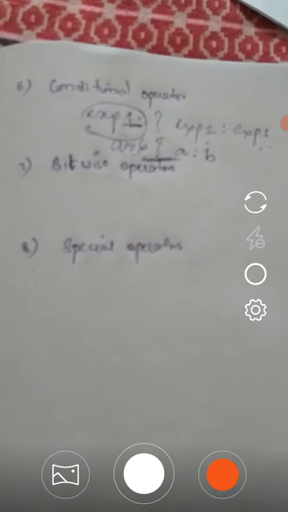Bitwise operations are the testing, setting, or shifting of the actual bits in a byte or word, which correspond to C's standard char and int data types and variants. Bitwise operators cannot be used on type float, double, long double, void, or other more complex types. The bitwise and, or, not are governed by the same truth table as their logical equivalents, except that they work on a bit by bit level.